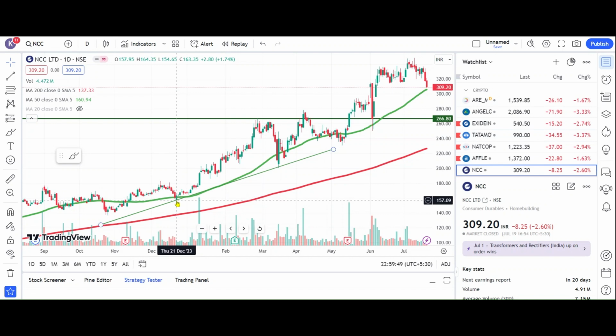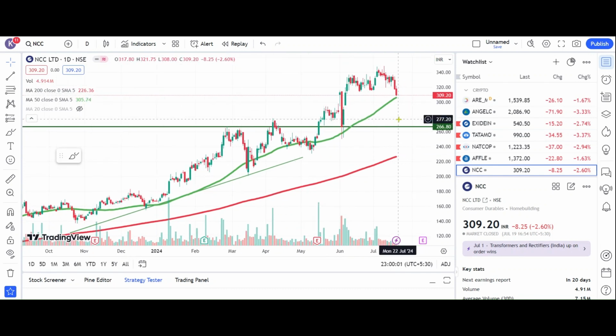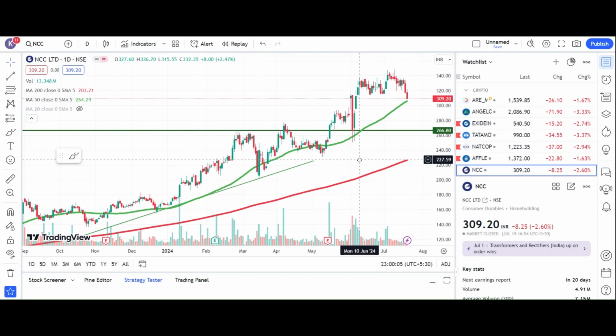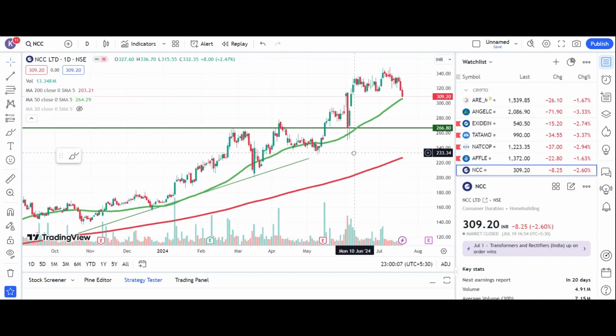Whenever it has touched the 50-day moving average, it has taken support and climbed up. It touched here, climbed up, touched here, climbed up. So the trend keeps on going like this. That's the potential of a stock where technically as well it looks good.